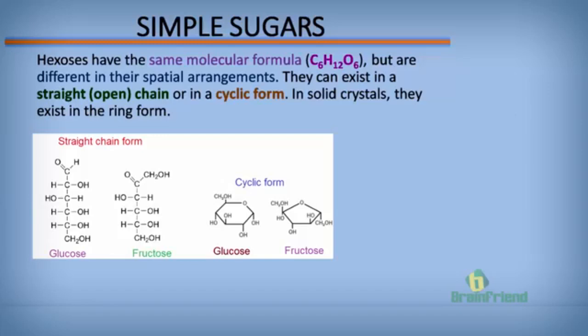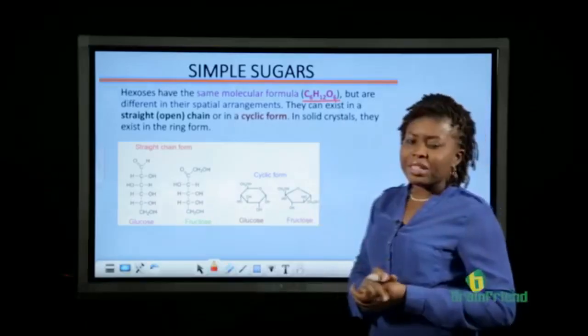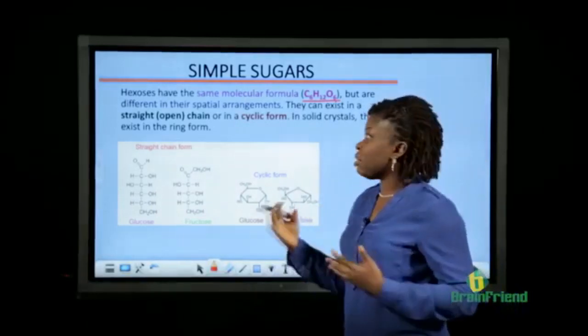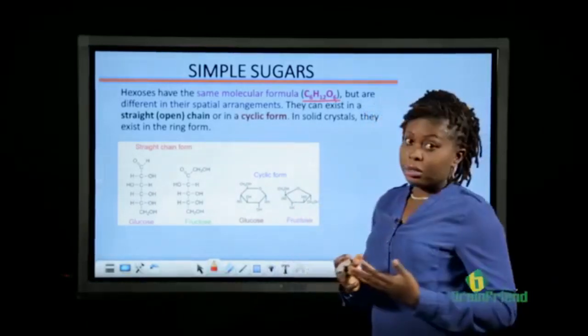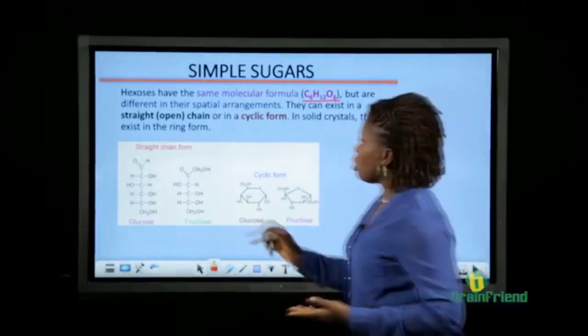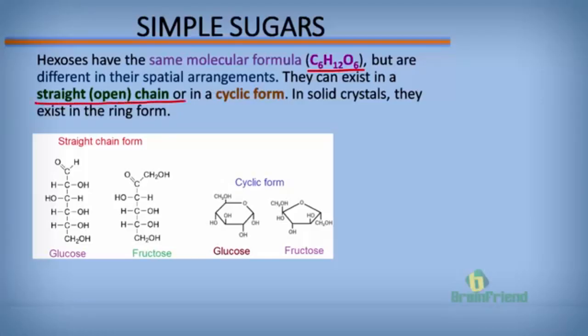Now, hexoses. Remember, we said that the most important monosaccharides are the hexoses. They have the same molecular formula, but are different in the way they are spaced, in their arrangements. They can exist in what we call the straight or open chain form, or in a cyclic form. For example, here is glucose and fructose represented in straight chain form.